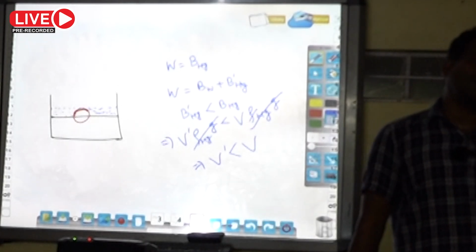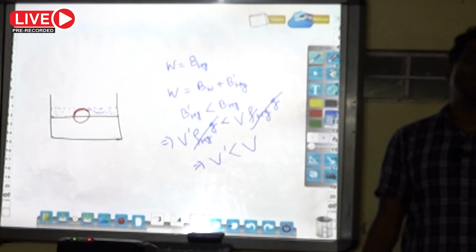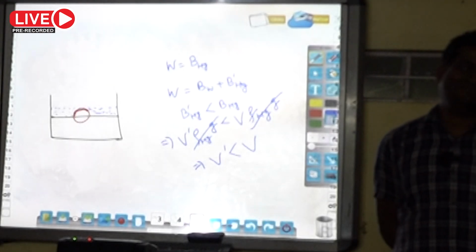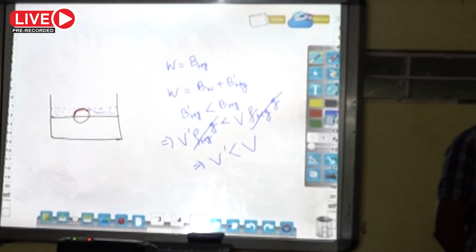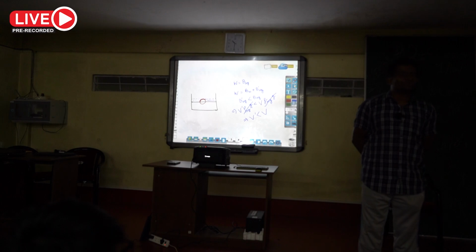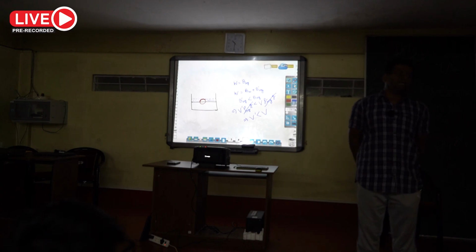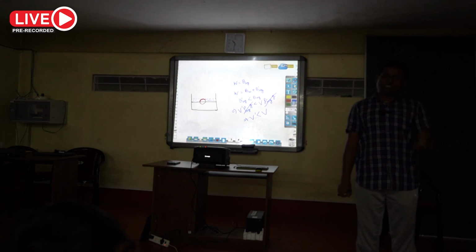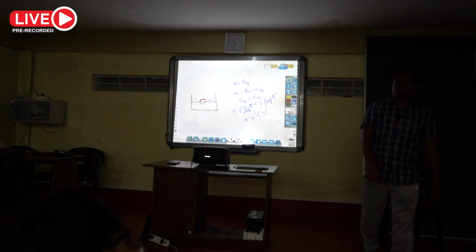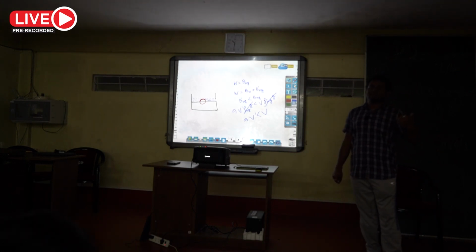The immersed volume in the mercury will decrease, because now some buoyant force is provided by water, so that much amount will now not be inside the mercury. So inside the mercury the volume will decrease, because the remaining part of the buoyant force is taken care of by water.